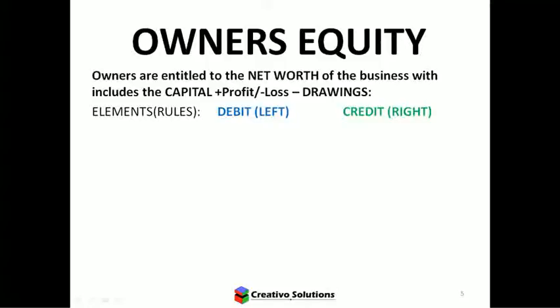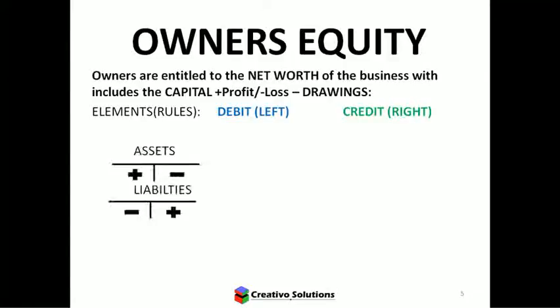We know how important the rules are. We've seen them before. This summary here is describing the importance of knowing your rules to apply this in different scenarios. So owners are entitled to the net worth, and we know this includes the capital, the profit or loss, and the drawings. So when looking at debits and credits, we know there are two accounts here that focus on financial position.